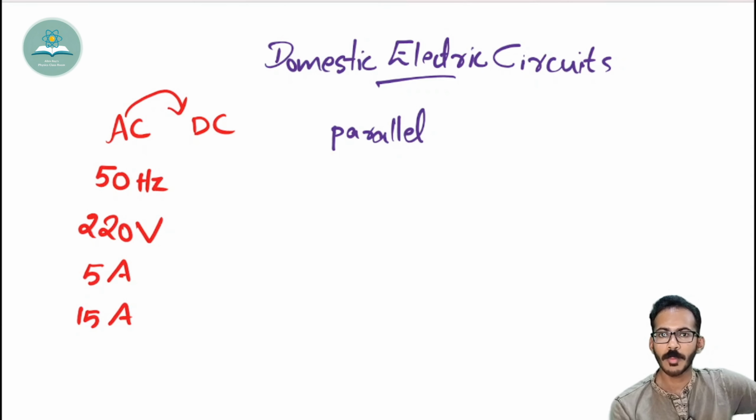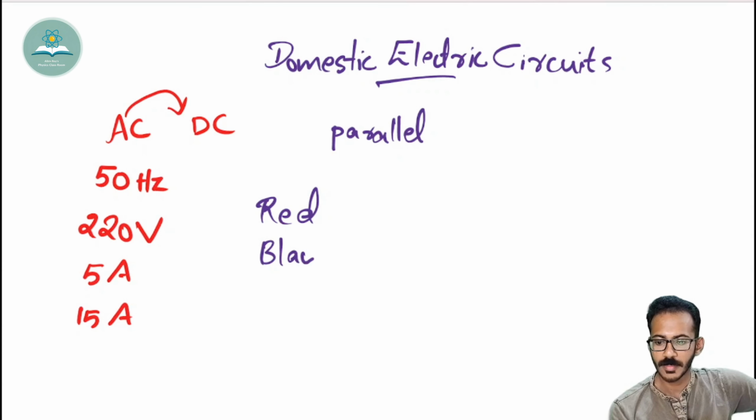Then you will be able to operate each equipment differently using switch. Suppose if it is series connection, all these will not be possible. In our houses, we'll be using wires of 3 different colors for wiring. First one is red, next is black, and the next one is green.